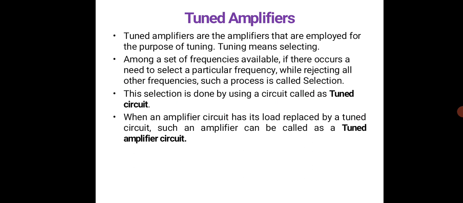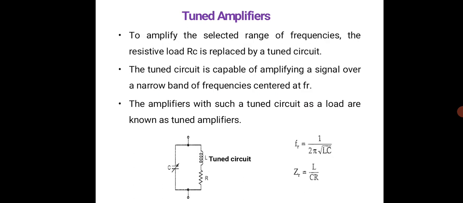In that case, I can use a circuit which is called a tuned circuit, which will do the above process. When an amplifier circuit has its load replaced by a tuned circuit, such an amplifier can be called a tuned amplifier circuit. To amplify the selected range of frequencies, the resistive load RC is replaced by a tuned circuit.